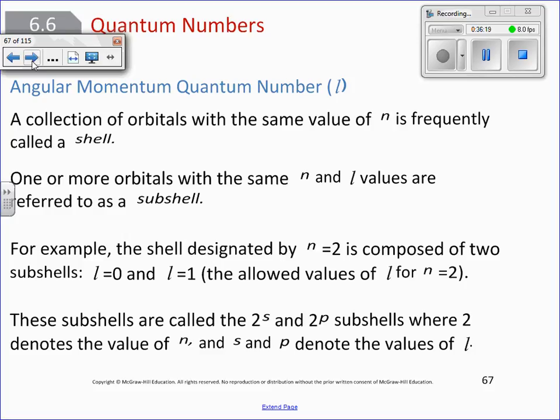So if I talk about 2s and 2p, the 2 refers to the quantum number, the s and p refer to the subshells. So you can think of the 2 orbital as being subdivided into an s and a p.